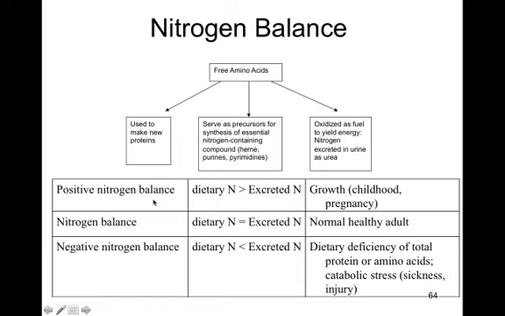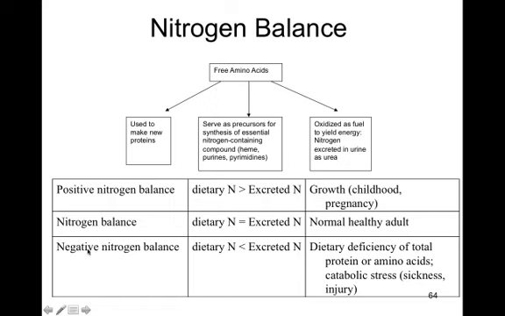So when do you need to have the different forms of nitrogen balance? You need a positive nitrogen balance, where your dietary nitrogen consumption exceeds the nitrogen excretion, which is essential during the formative periods of growth, during childhood and pregnancy. You need to maintain a nitrogen balance in your healthy adulthood.